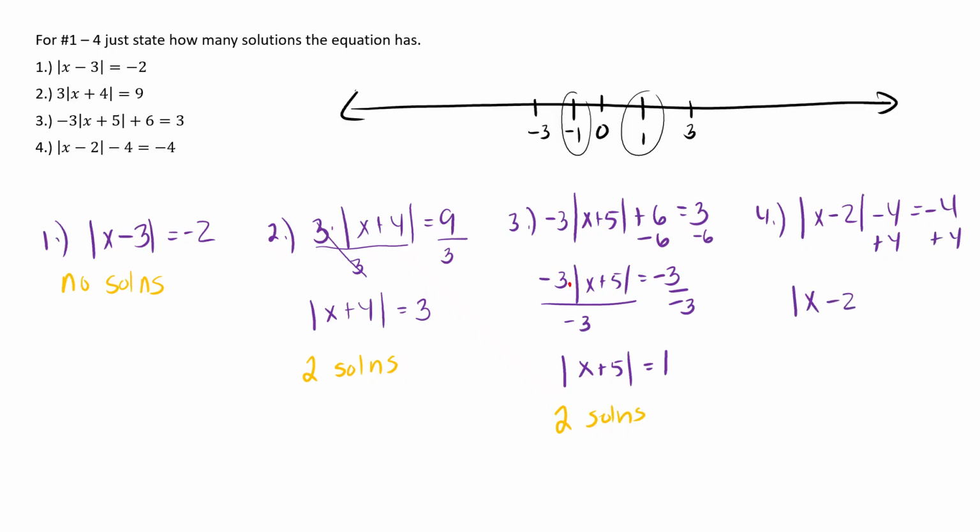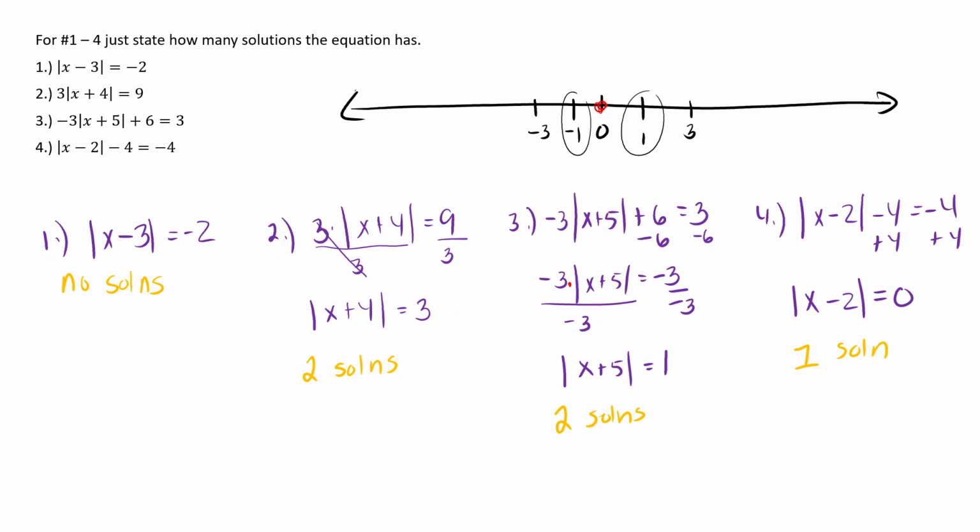So we get the absolute value of x minus 2. -4 plus 4 is 0. And that is going to land us right on the 0, which is fine. Just like the distance of x minus 2 from 0 is 0, and there's only one number that has a distance from 0 of 0, and that is 0, meaning we have one solution for that particular equation.